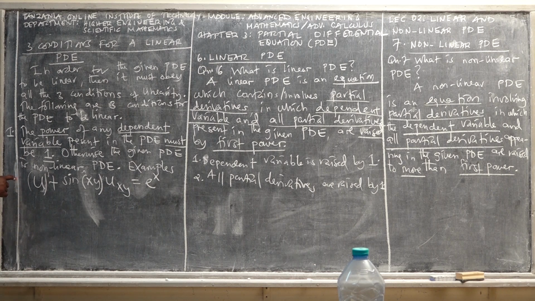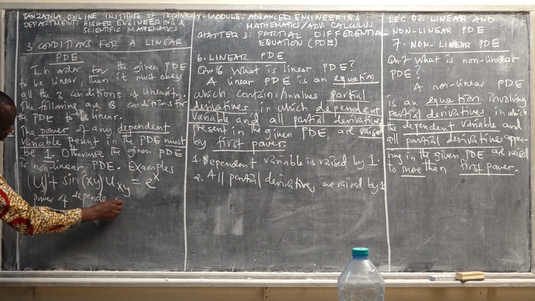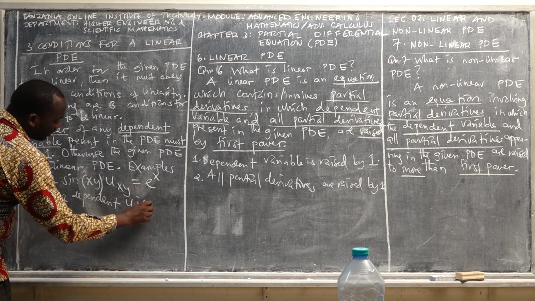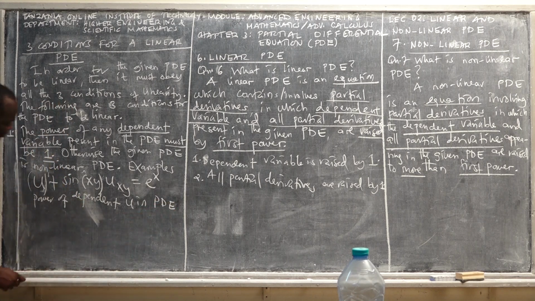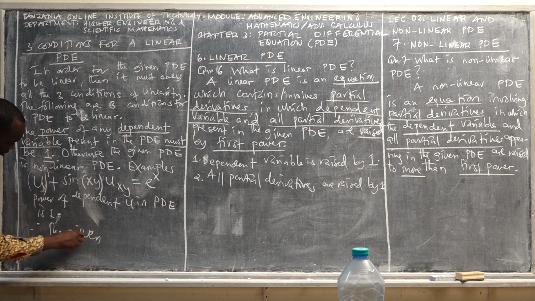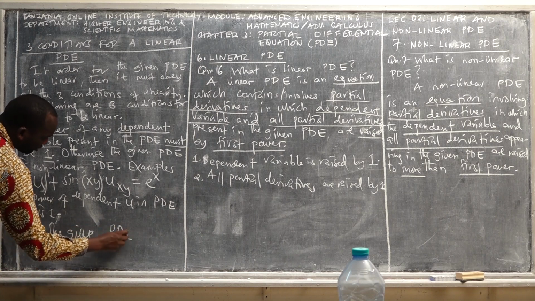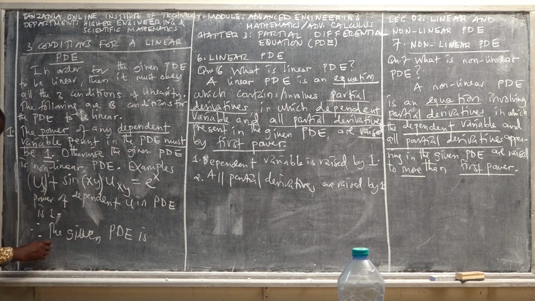So the power of the dependent variable u in the given partial differential equation is 1. Therefore, the given partial differential equation is linear.